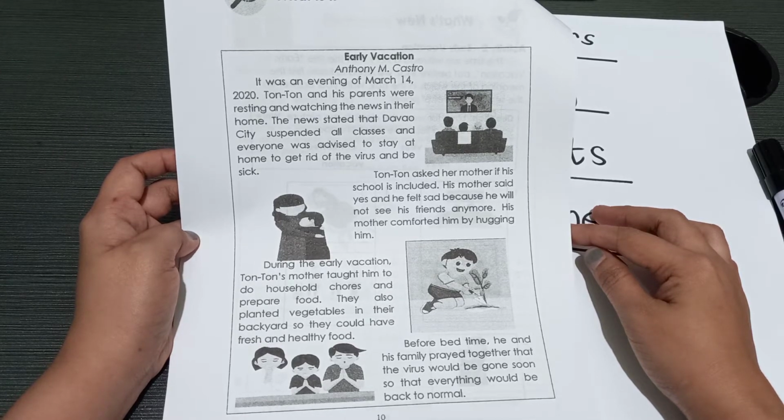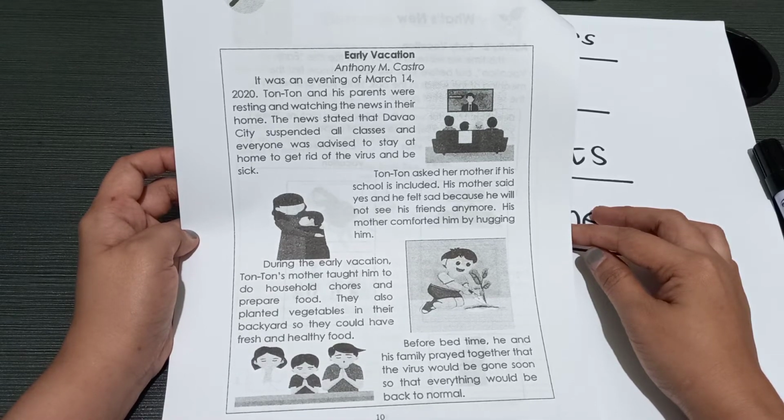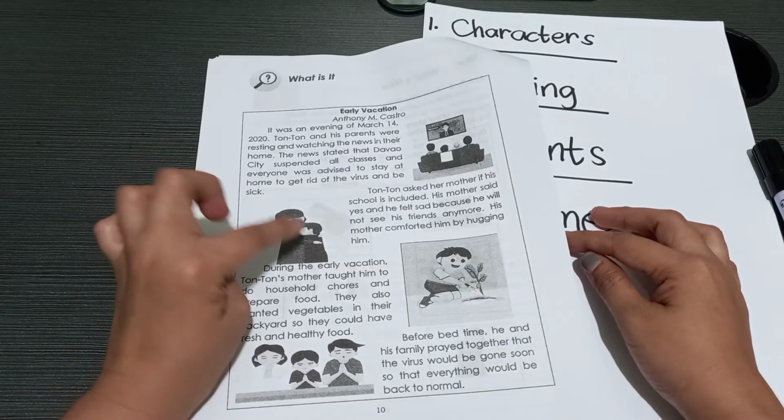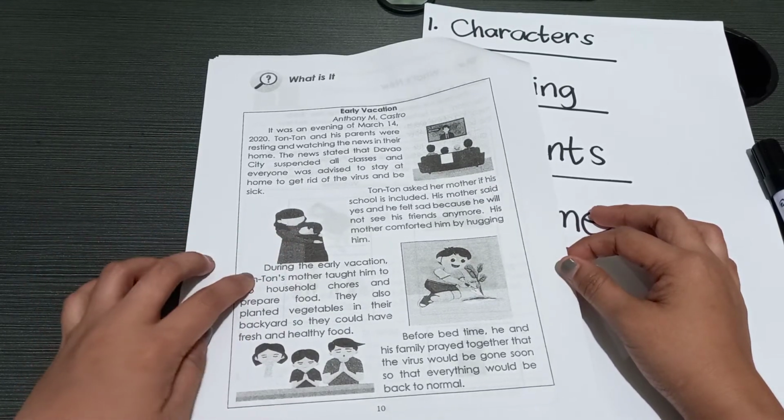Tonton asked her mother if his school is included. His mother said yes, and he felt sad because he will not see his friends anymore. His mother comforted him by hugging him.